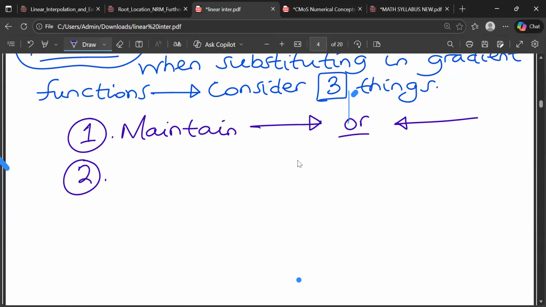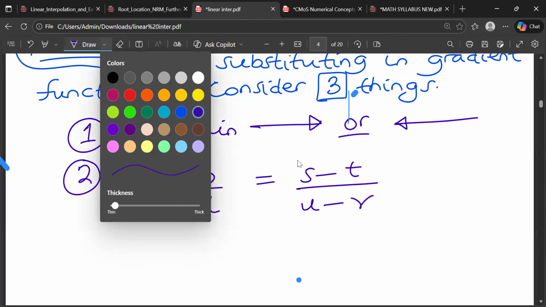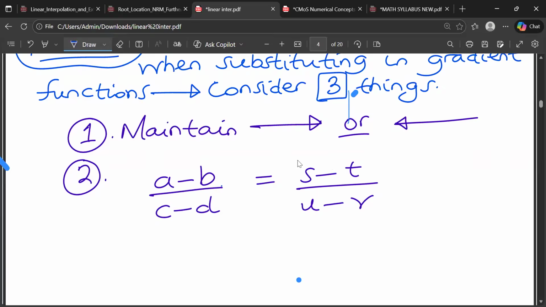Then 2, remember, we always say, let me use letters of the alphabet, A minus B, C minus D. On this side, we can use maybe S minus T, then U minus V. So this is the rule. The rule is simple. On this side, this is the position.